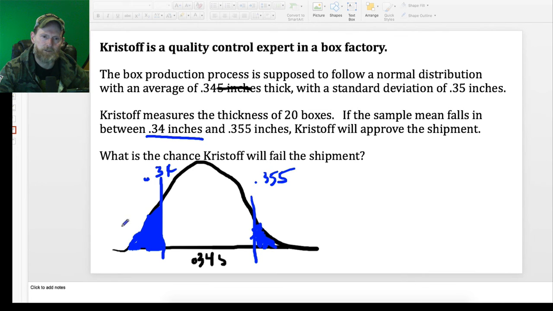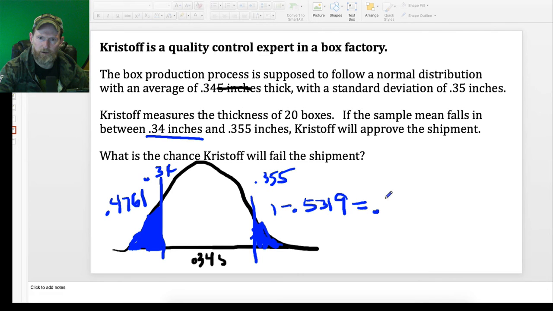Okay, so we went to the table, we saw that this area here is 0.4761, and this area here is, to the left of it would be 0.5319, but we did a 1 minus, and so we got 0.4681.